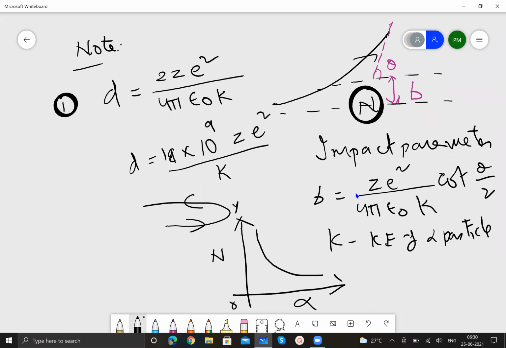And there is even a probability relation given by Rutherford. Please write: the number of alpha particles which get scattered near the gold nucleus varies directly as 1 by sine theta by 2 to the power of 4. Only the relation is important.